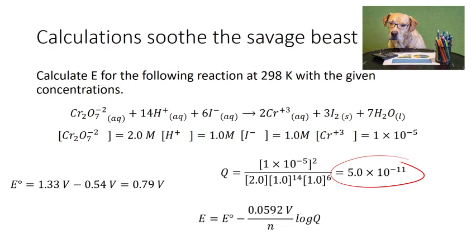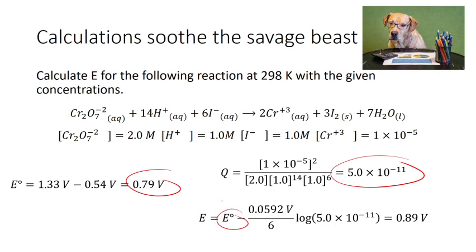Now, we're going to put both of these values into our Nernst equation, because it's fun to say. And it's going to look something like this, where, oops, I forgot to change this to 0.79 volts. So that should be 0.79 volts right there.